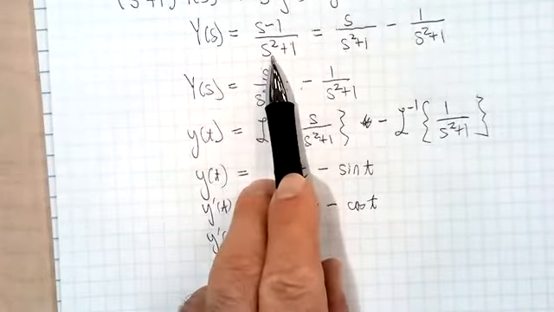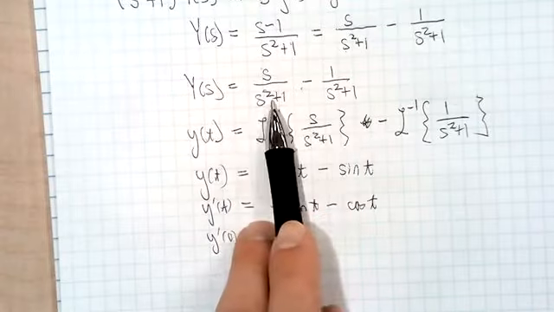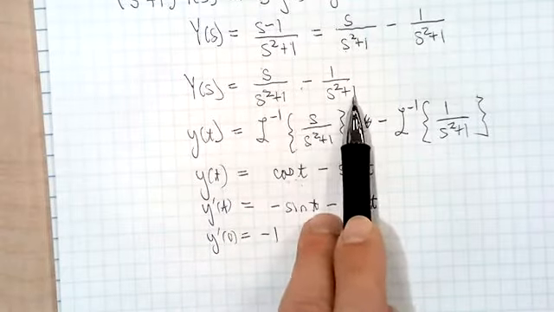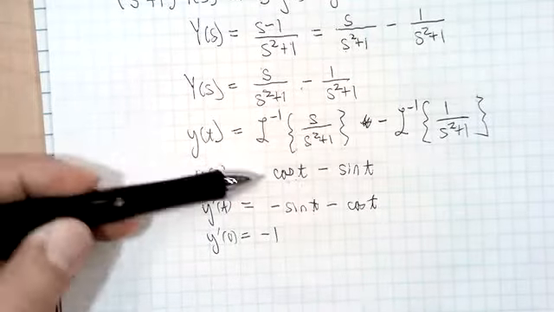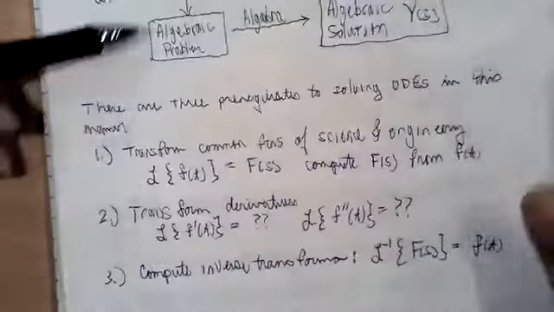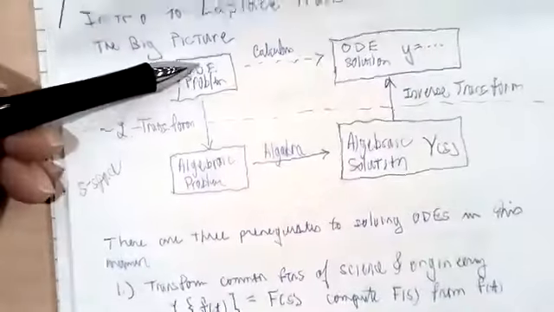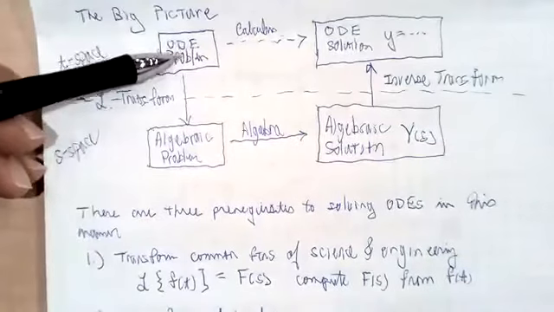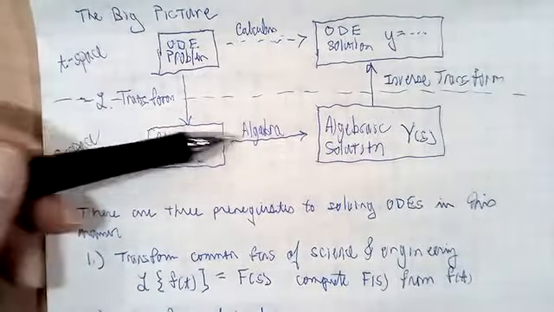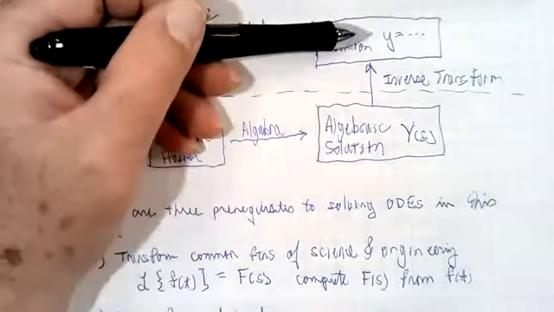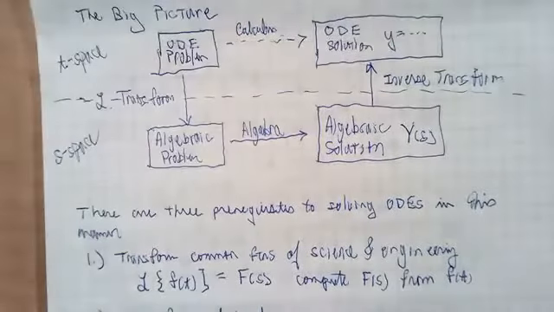And then we split things up nicely so we could observe these in the table. And then we took the inverse transform, which is what this says. Start with the ODE, transform, do some algebra, inverse transform, you're done. And that's what we did here.